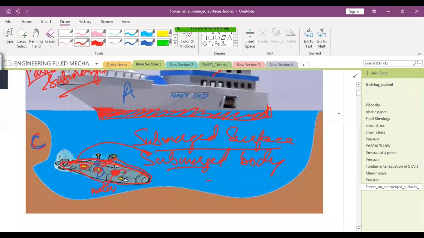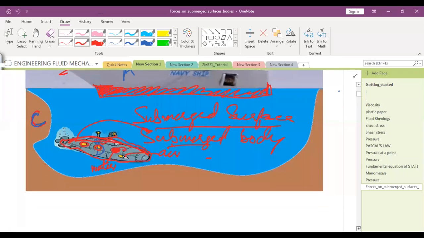What is on the other side of the glass? Air. There must be air. So those are called submerged surfaces. We are only dealing with submerged surfaces today. और जो आपका tutorial sheet है, that is also relevant to surfaces only.